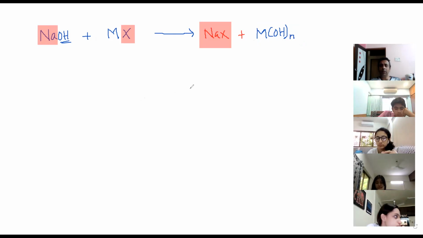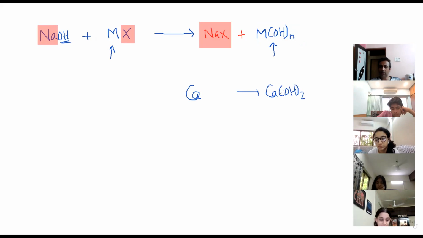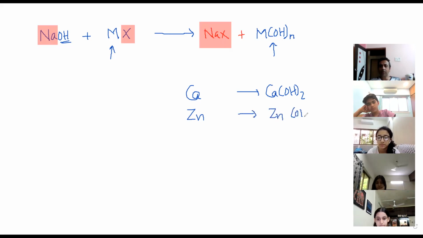Suppose the metal here is, let's say, calcium, meaning it's a calcium salt. So which compound will I get here? Calcium hydroxide. So Ca(OH) twice. If that metal here is zinc, then zinc hydroxide. If it's aluminium, then aluminium hydroxide.